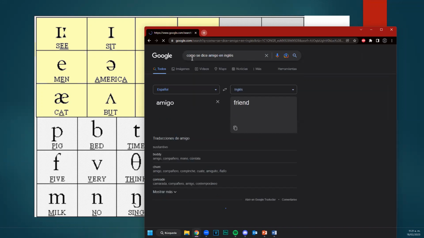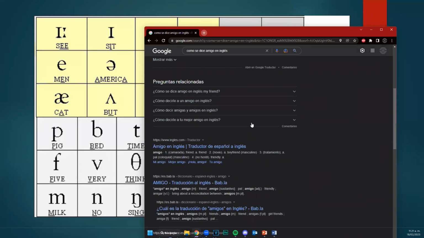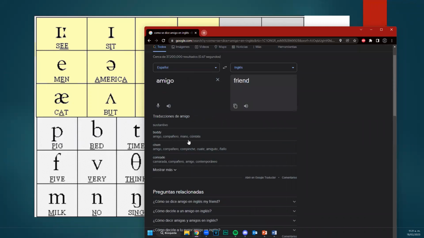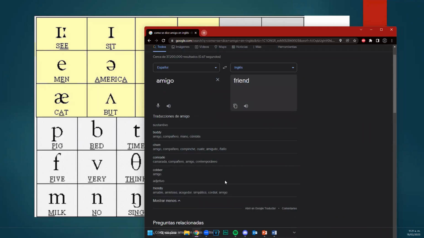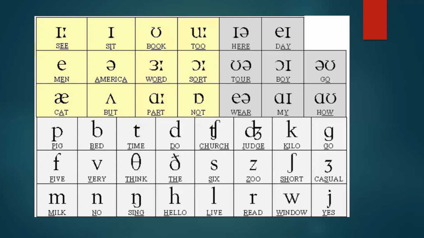Vamos a poner esto. Okay, there's supposed to be an alphabet. I can't remember where it is. Let me try to look for it. Okay, I'm just going to look for it in a minute.